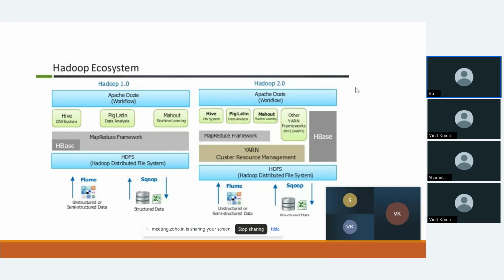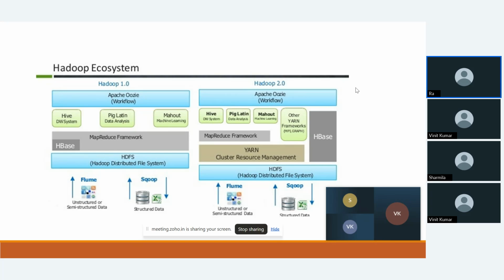On top of it, there was another tool given by Apache, which is Apache Oozie. Oozie was a workflow used to orchestrate everything, for designing and running the jobs, all in one framework itself.